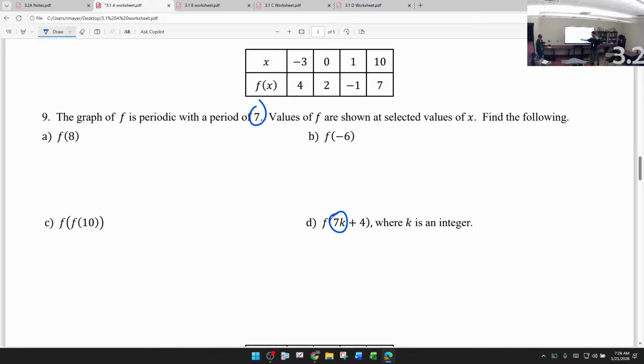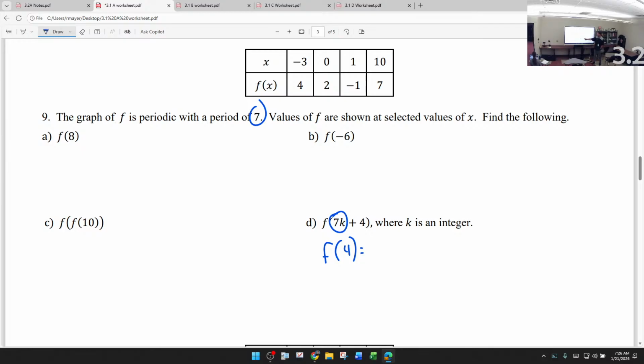So if K is 0, this is the same thing as f of 4. I don't have a 4 up there. If I add 7 to 4, I'll be at 11, and I don't have an 11 up there. So I need to go the other way. If I subtract 7 from 4, I'll get negative 3.